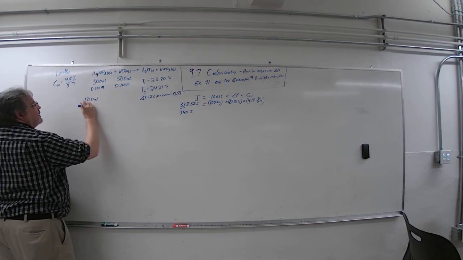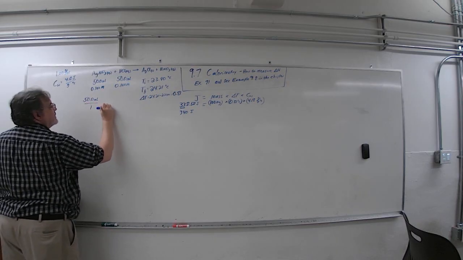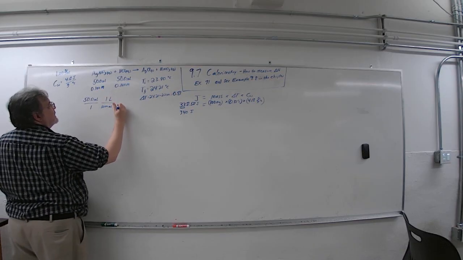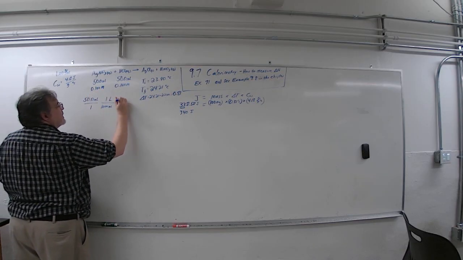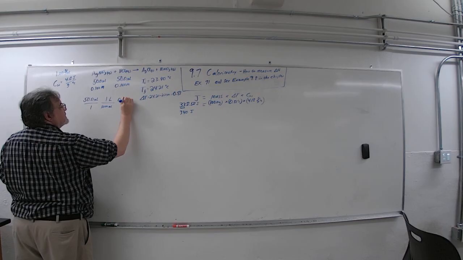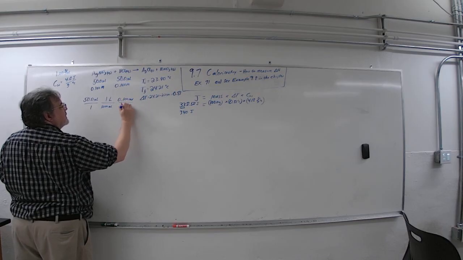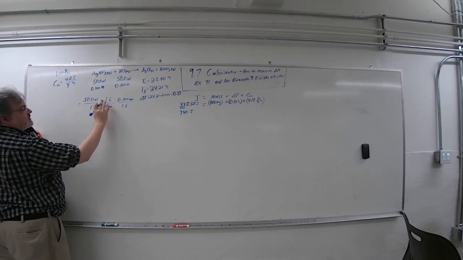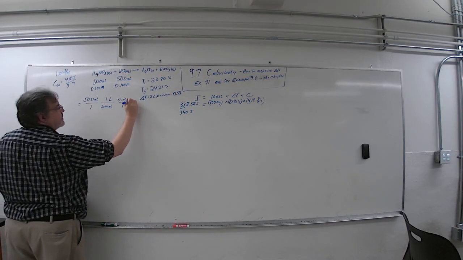50.0 milliliters, 1 liter, and then the 0.100 is 0.100 moles to 1 liter. Milliliters cancel, liters cancel, this is mole.